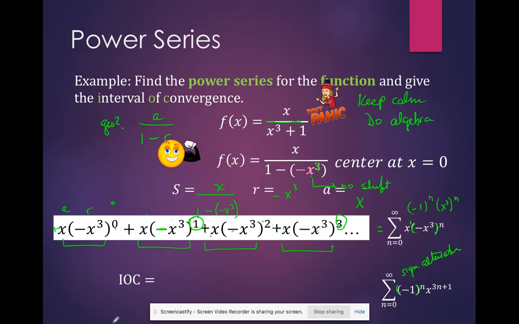What's the interval of convergence? Negative x cubed needs to be between negative 1 and 1. Divide by a negative, flips the inequalities. Cube root.